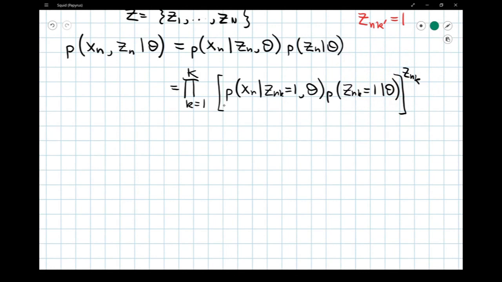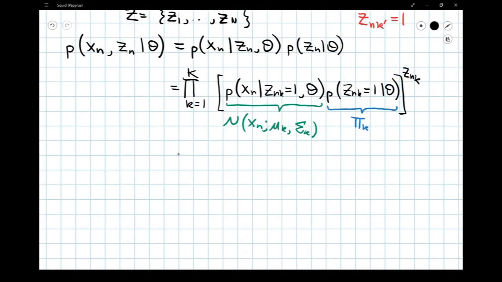Okay, so here, if znk was equal to 1, then that means xn came from the kth Gaussian. So this is a normal distribution, random variable xn, mean mu k, and covariance matrix sigma k. And also this is equal to just pi k, our mixture proportions.